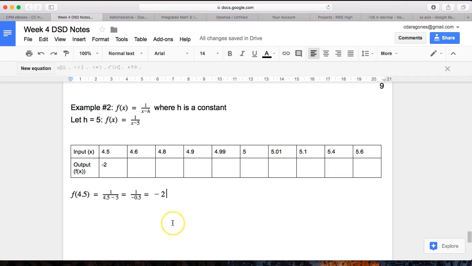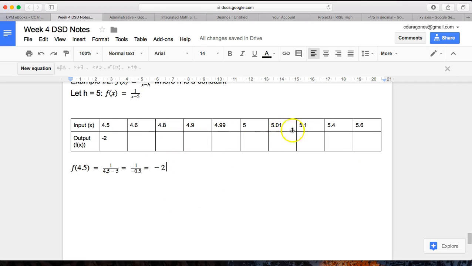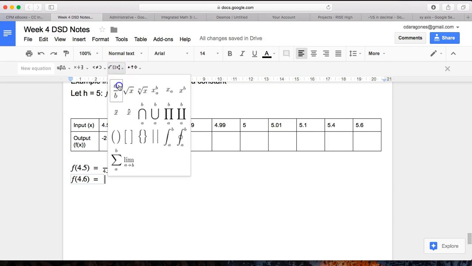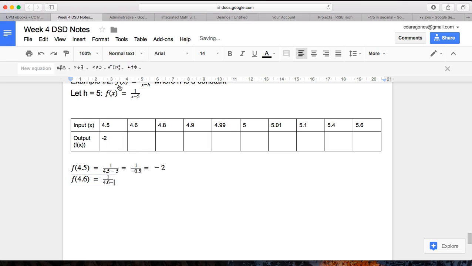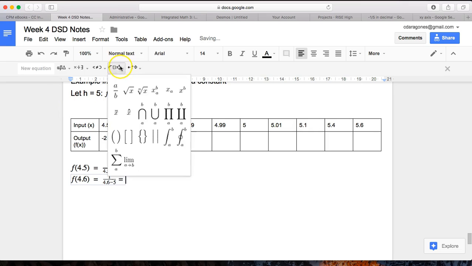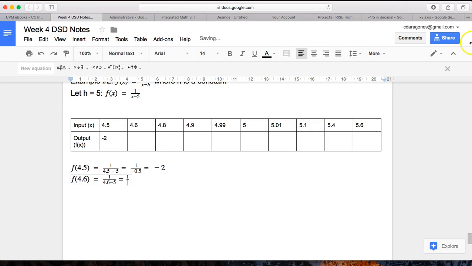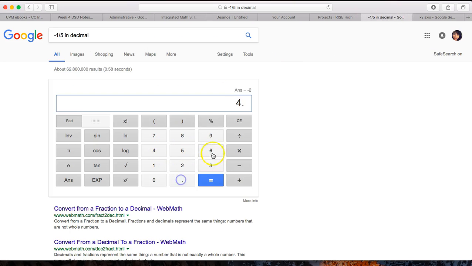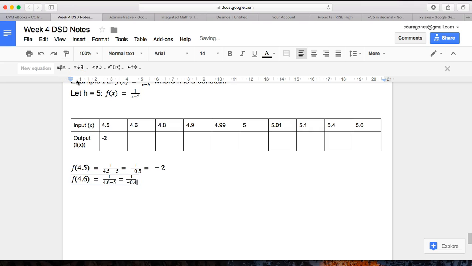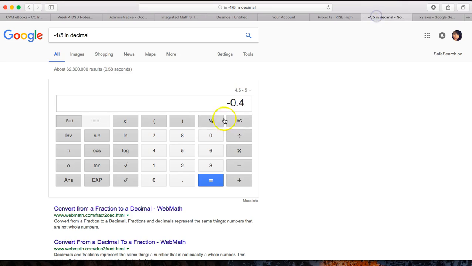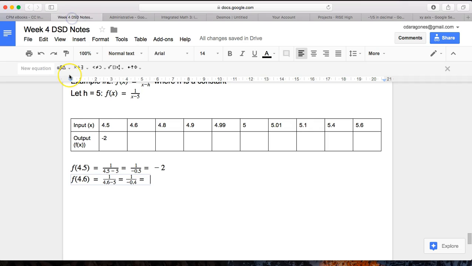So the output when our input is 4.5 is negative 2. Let me do the second one with you, and then I would like you to try finding the outputs on your own. Our second one is f of 4.6. Our input is now 4.6, so we have 1 over 4.6 minus 5. 4.6 minus 5 is negative 0.4, so we need 1 divided by negative 0.4, which is negative 2.5.